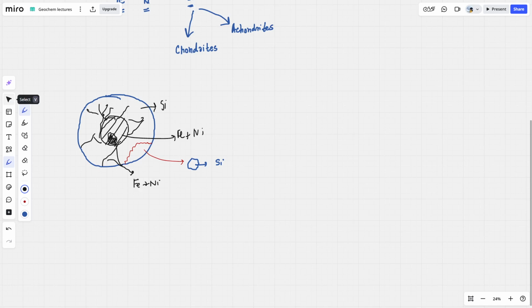Now let's go to iron meteorites first. Okay, iron meteorites. I'll show you some diagrams of iron meteorites so it will be better for you.